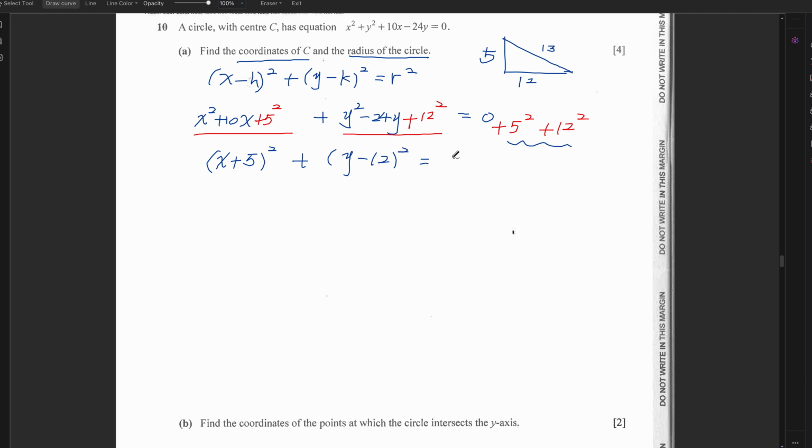So you can simply write it as 13², or you can just press your calculator for it. That means my coordinates of C is (−5, 12). My r equals 13 units. There is no other units. So r is 13 units.